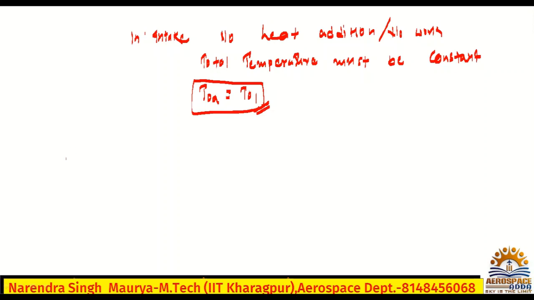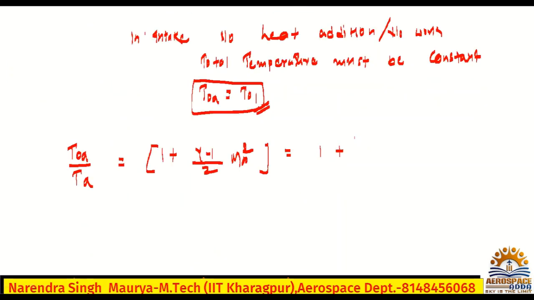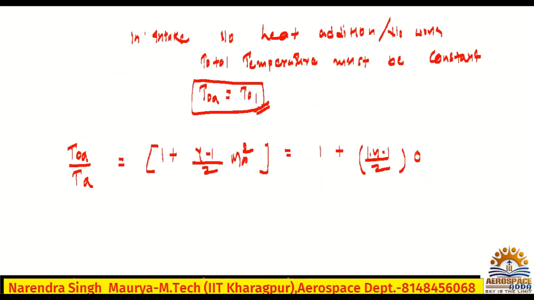T naught A we can calculate. What is T naught A? They have given the Mach number to us. T naught A by TA is 1 plus gamma minus 1 by 2 M infinity square. Gamma is 1.4, so 1.4 minus 1 divided by 2 into the Mach number. What is the Mach number they have given?